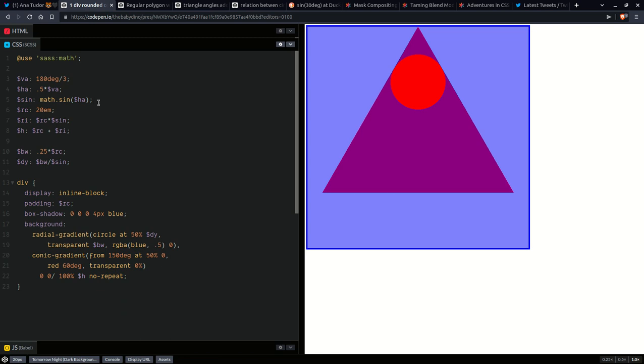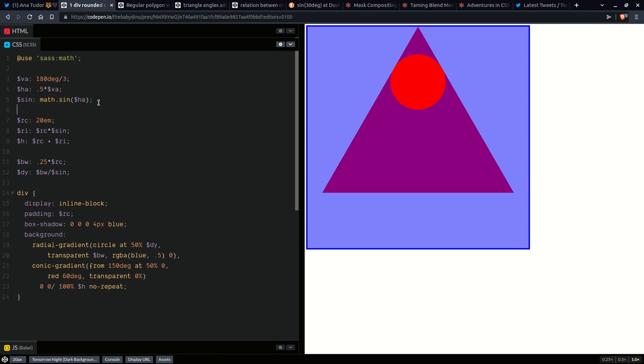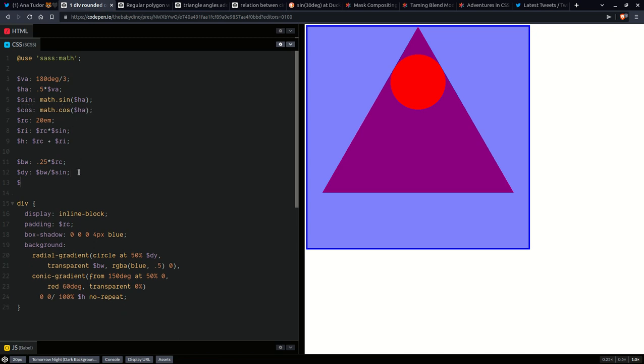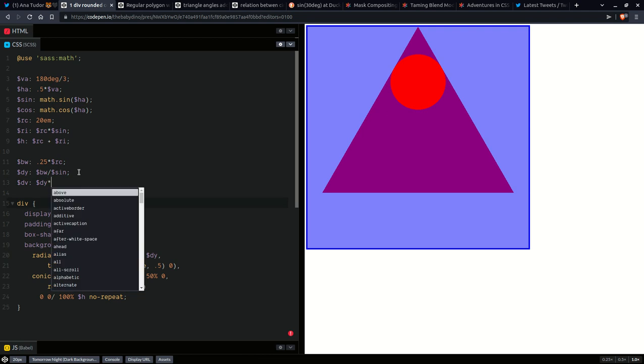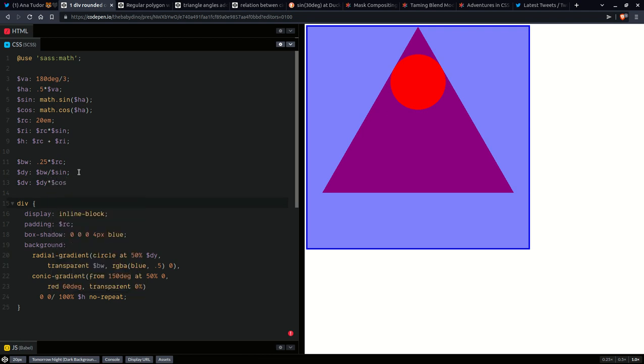So we're also going to have something similar here. Instead of sine, we're going to have cosine, and we're going to have the distance from the vertex, which is going to be dy times cosine, right? Okay.